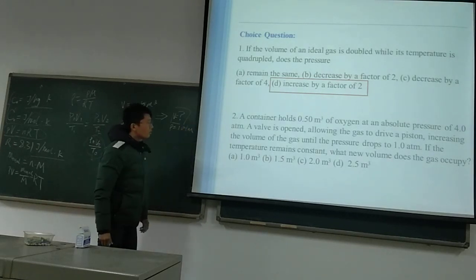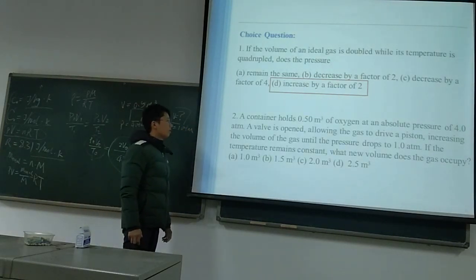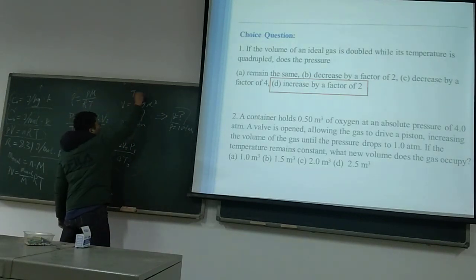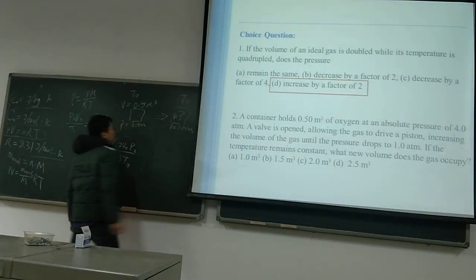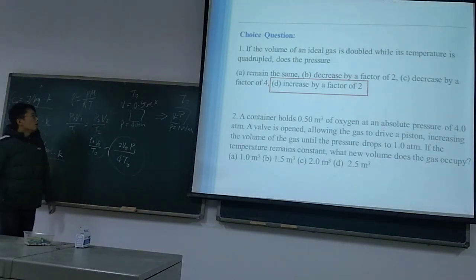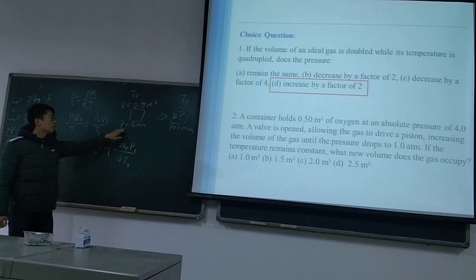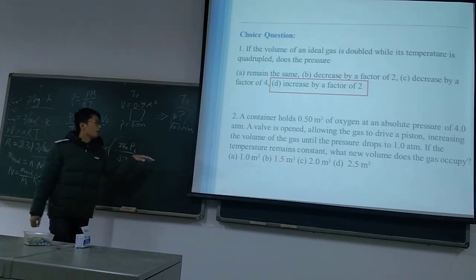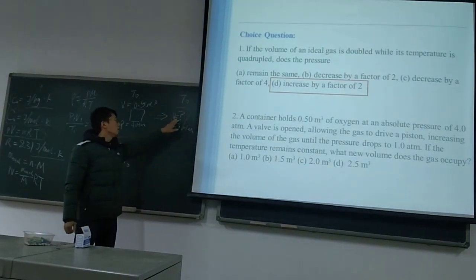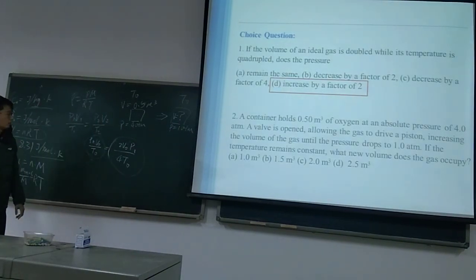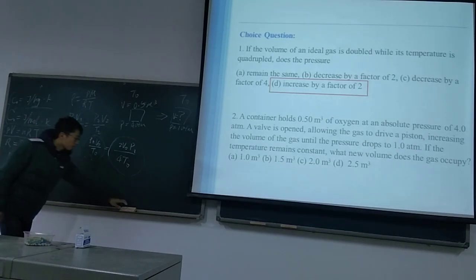How about the temperature? If the temperature remains constant, T0 and finally T0. At the beginning, T is T0, V is known, and P is known. After the variation, T is T0, V is unknown, and P is known. How to do the calculation?